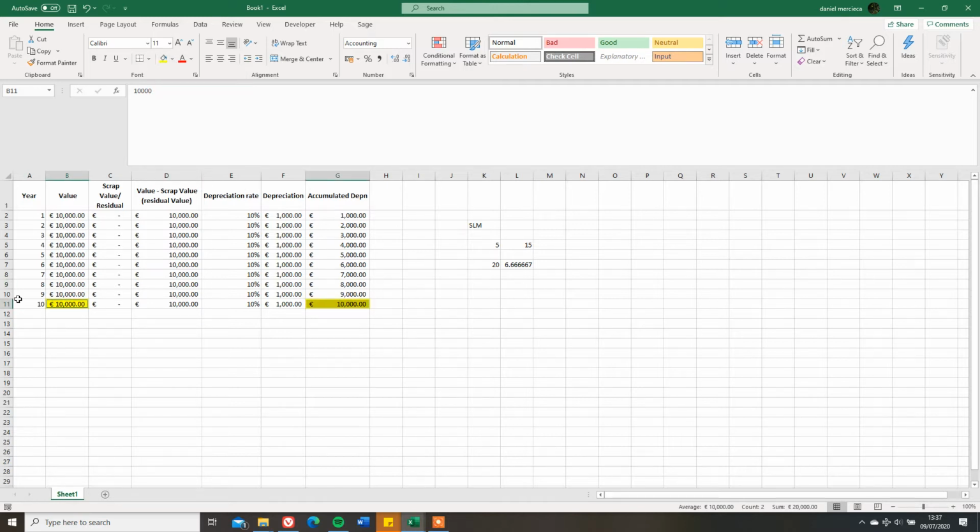So in this case, the asset can no longer be further depreciated, as we have reached the maximum number of years. So in year 11, the original value would be 10,000. The scrap value would be nil. Here it's telling us it is 11,000. It cannot be that the accumulated depreciation is greater than the value of the asset. So in that case, year 11 depreciation would be 0.